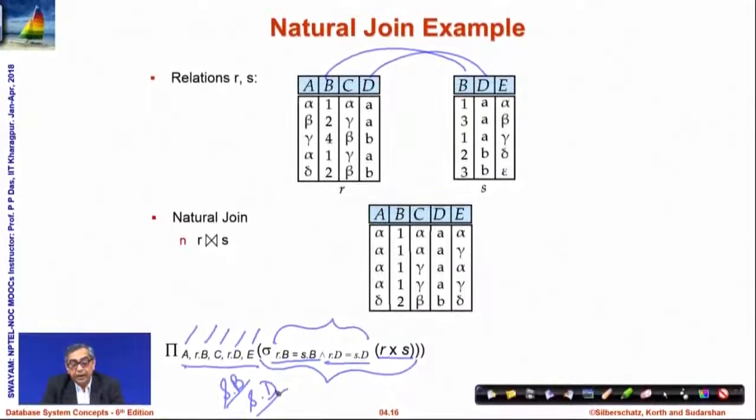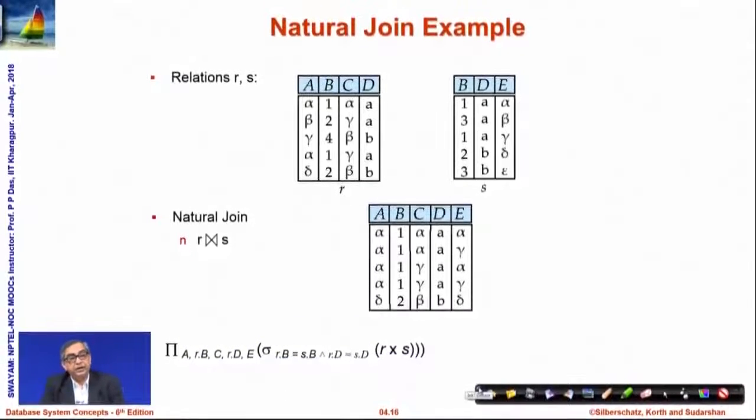So, you can say that if I now do a projection on A B C, or rather A B C D, I will get a subset of R. If I do a projection on B D E, I will get a subset of S. So, this is the natural join operation in relational algebra.